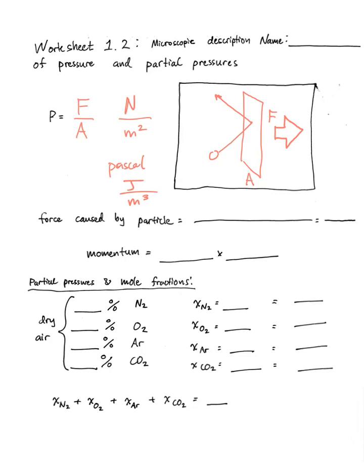Now, the force caused by one individual particle is going to be the change in momentum of the particle, delta p, divided by the change in time, delta t. The symbol delta represents change, and little p represents momentum, in contrast to big P, which represents pressure.